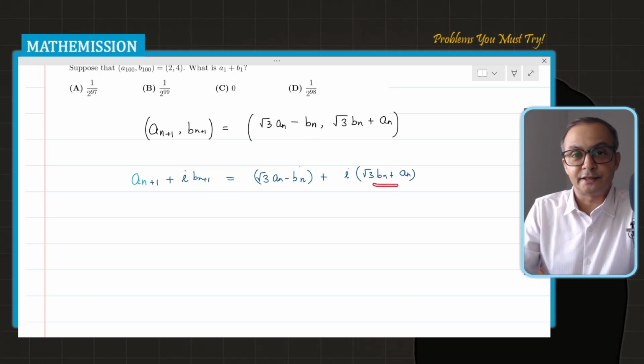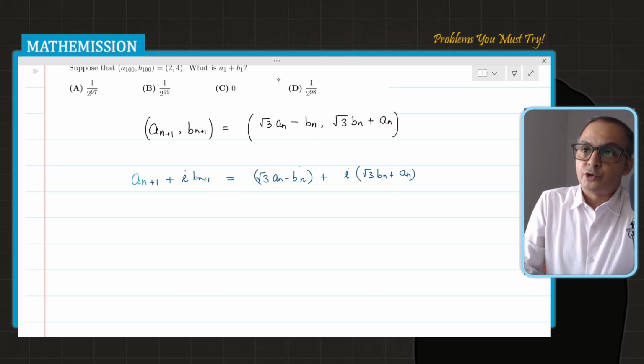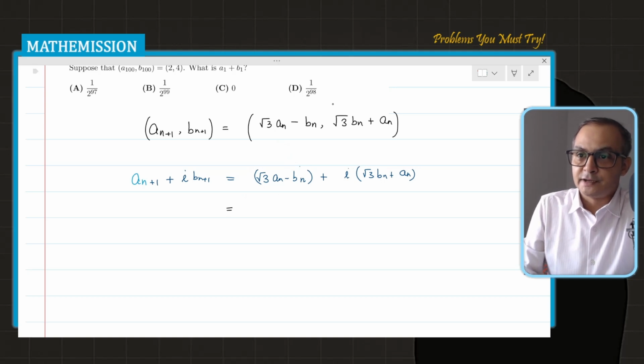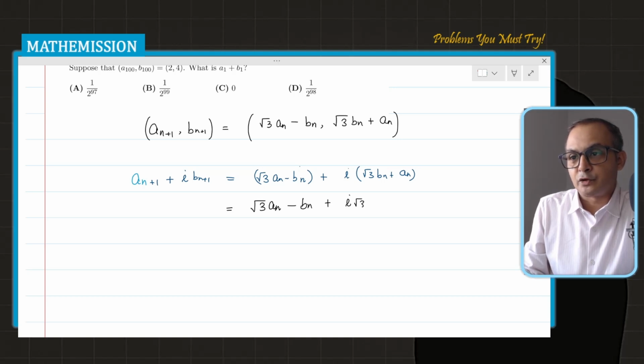But we can do better. What we can do better is simplify the right hand side, collecting the terms containing an together and bn together. How am I doing it, let's see. Suppose I have root 3 an, minus bn, and plus i root 3 bn, and plus an.